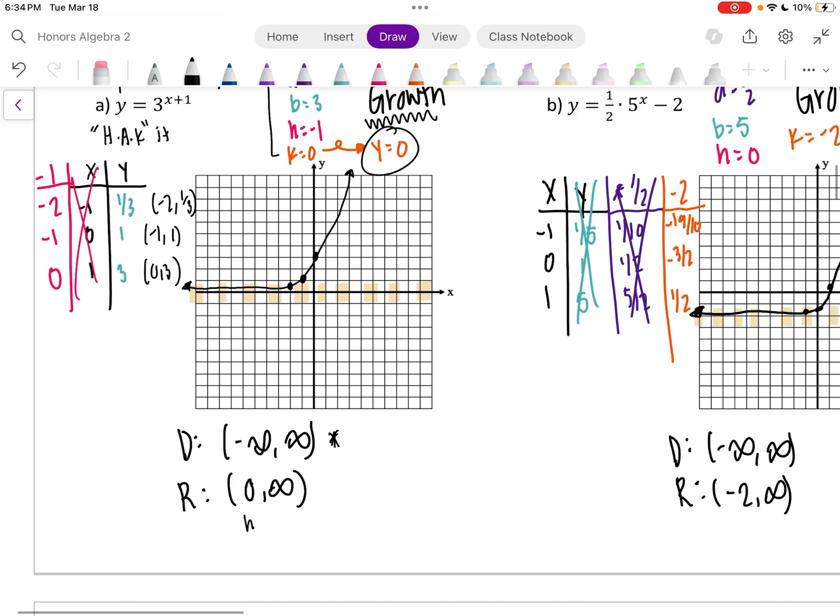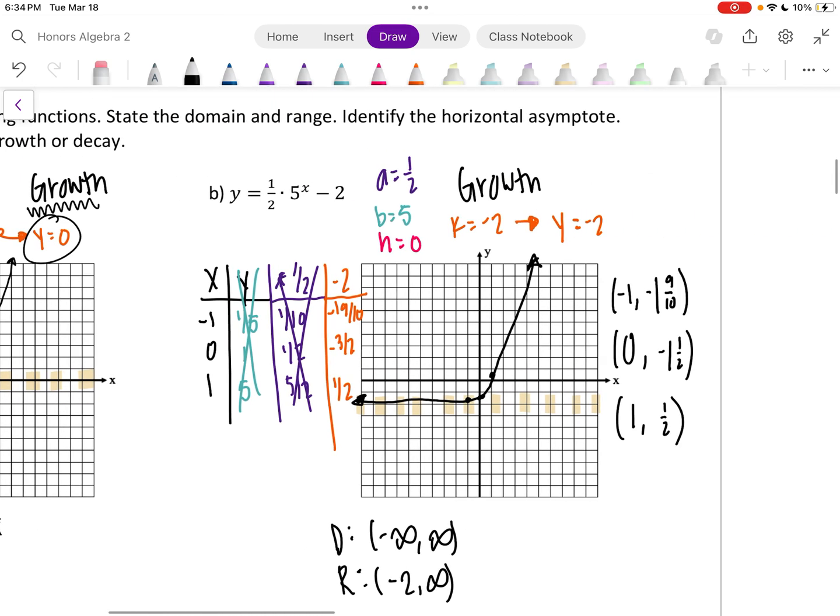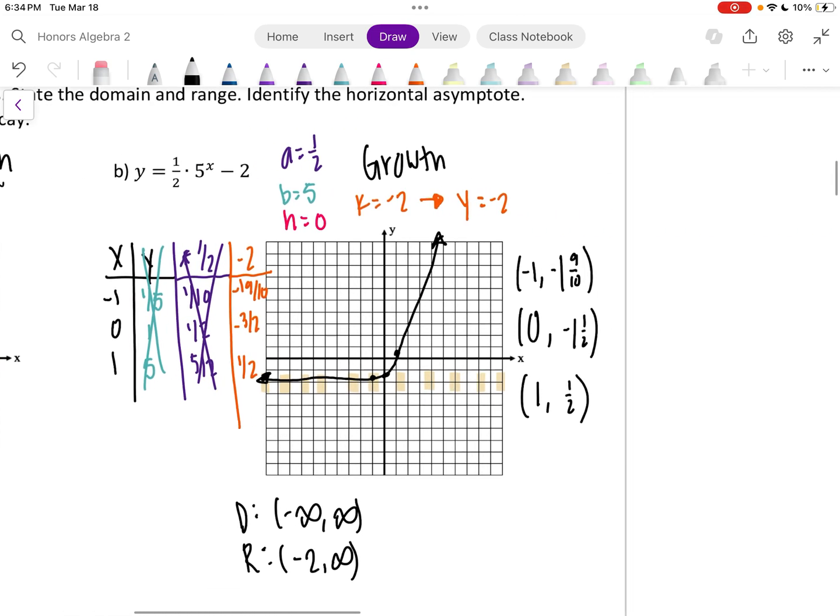Okay, let's talk about B. This is still growth because the number touching x is greater than 1. My A is 1/2, my B is 5, my H is 0, and my K is negative 2. Remember, your K tells you your horizontal asymptote, so I plot that right away.